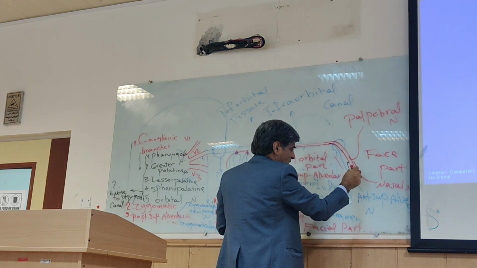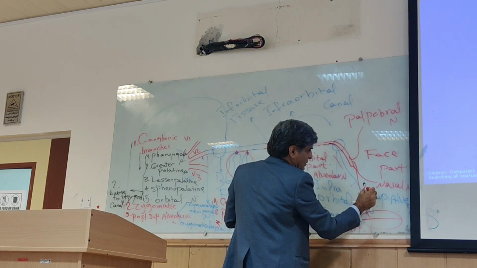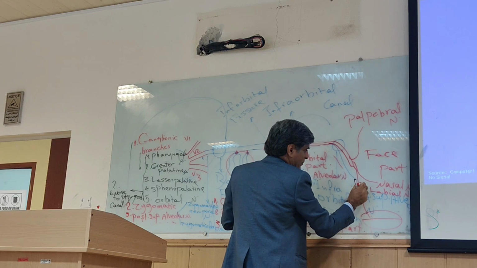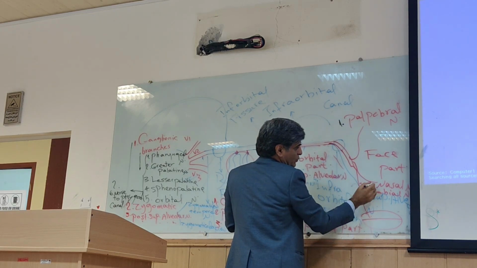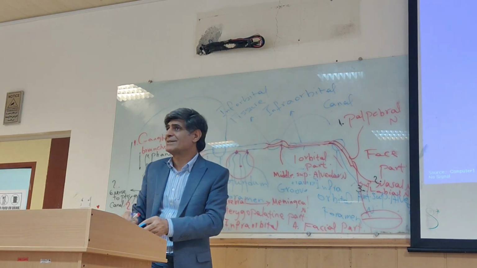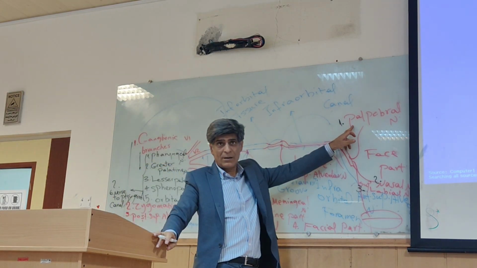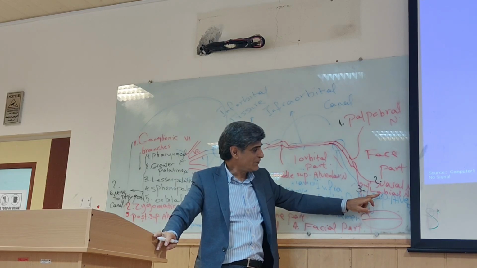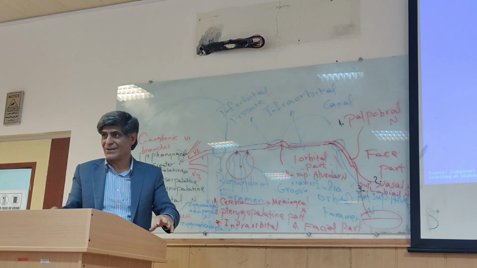And another, superior labial nerve, which contains 3 branches. Okay, the facial part contains 3 branches: palpebral, nasal, superior labial. Now, branches from maxillary.